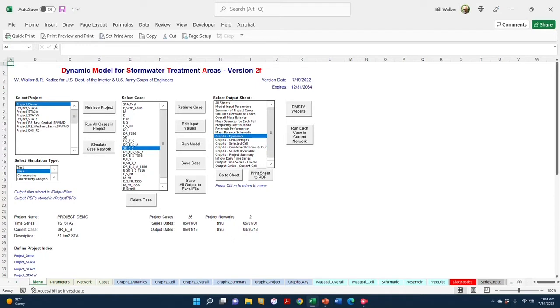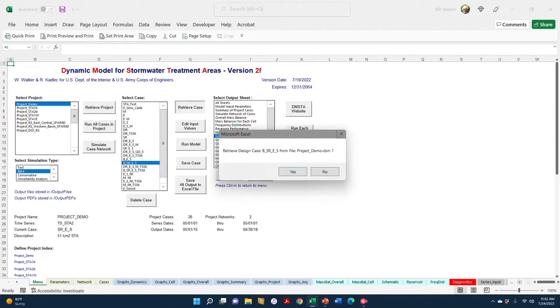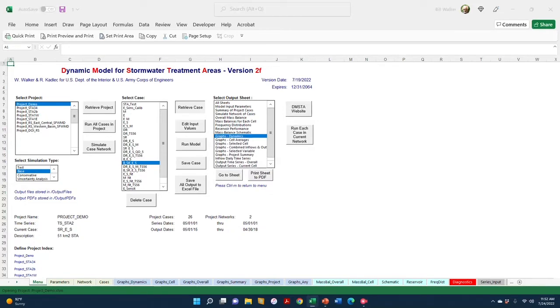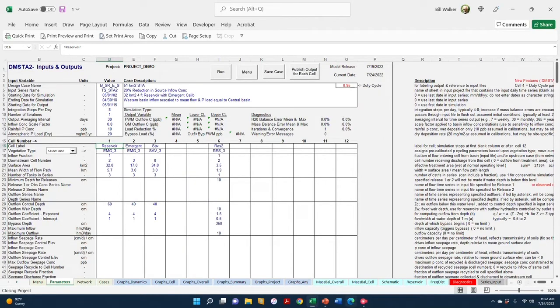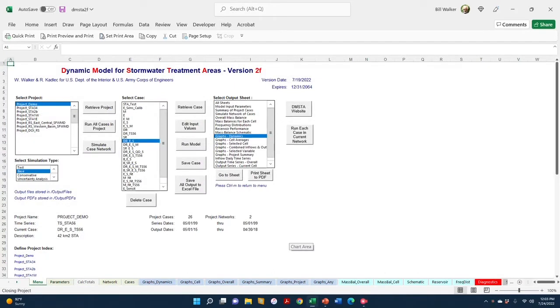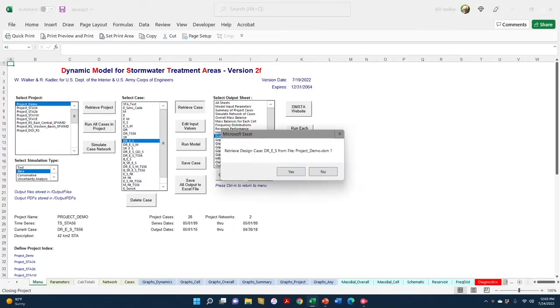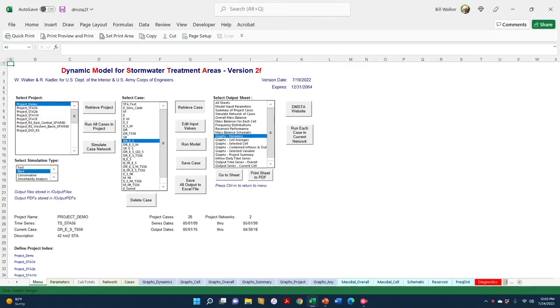Let's try. What I want to do is compare the time series now. Okay, so now I'm going to demonstrate a case with a deep reservoir followed by an emergent SAV.